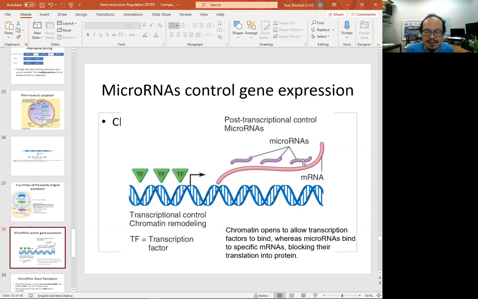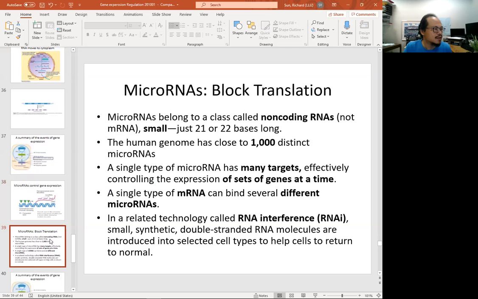So the only thing you need to know about this microRNA is that it silences the RNA. It blocks the RNA. It's not blocking the DNA. It blocks the RNA. So microRNA blocks the translation. They are small.